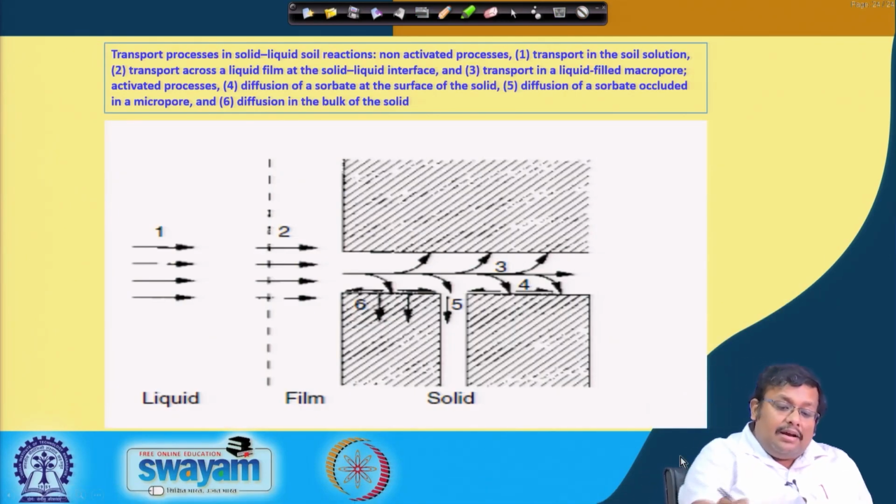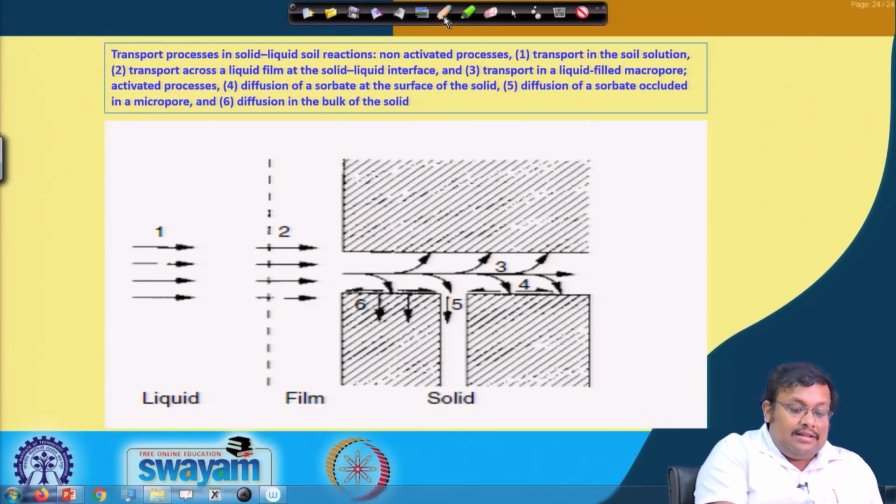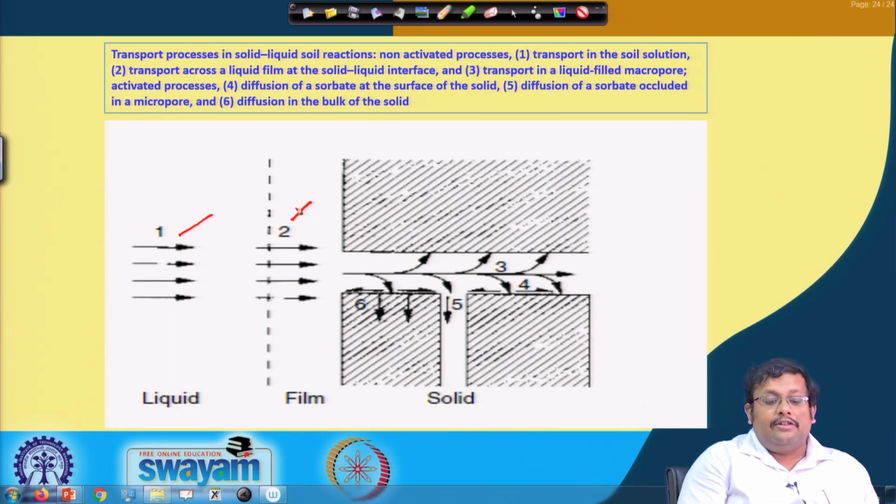So, this is again a bigger picture of this. This is transport in the soil solution. We can facilitate this by rapid mixing in the laboratory. The second is transport across a liquid film at the solid liquid interface. The third one is the transport in the liquid film macropore.